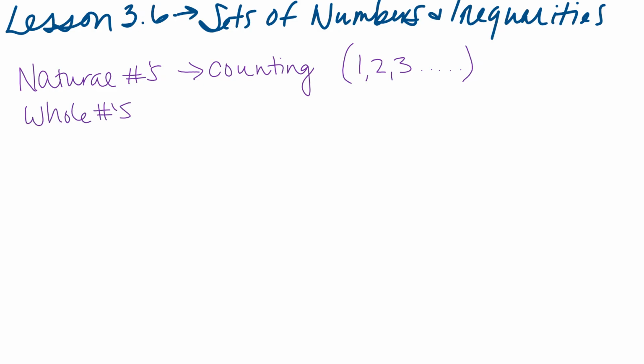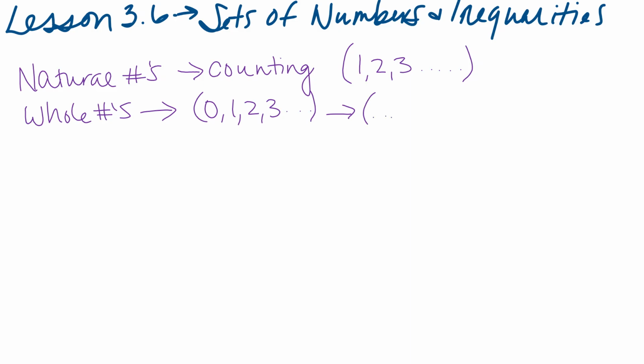These numbers are slightly different from counting numbers. They begin with 0, 1, 2, 3, dot, dot, dot. And in fact, they also include the additive inverse, or the opposite of natural numbers, which are the negative numbers. So it can also be written this way.